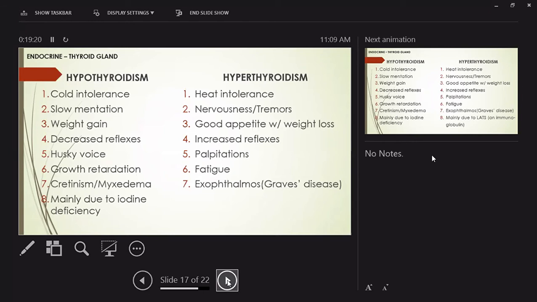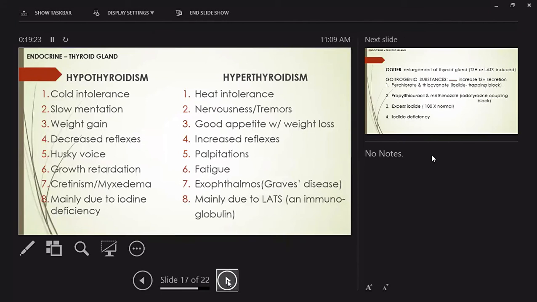So the eyeball will protrude. The hyperthyroidism is mainly due to long-acting thyroid stimulator. This is an immunoglobulin. How do you test for nervousness or tremors in the hyperthyroid individual?